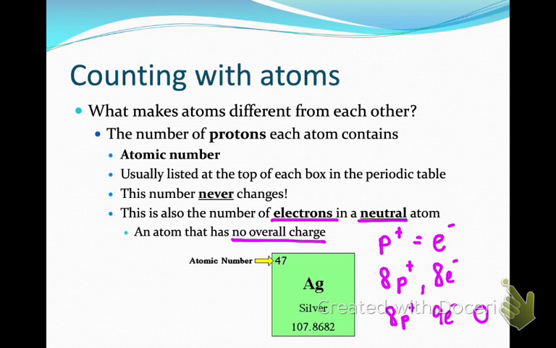That would mean my oxygen atom has a -1 charge because I have one more electron than protons, or one more negative charge than a positive charge. We're not quite there yet, but I want you to see that if I've got a neutral atom, which is what we're going to start with, my number of electrons is equal to my number of protons.